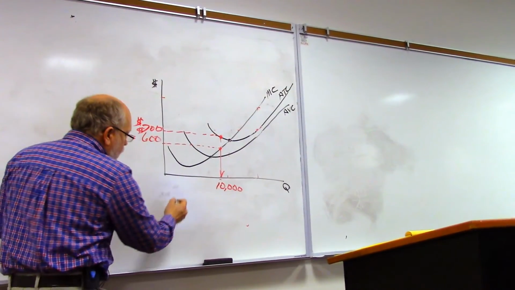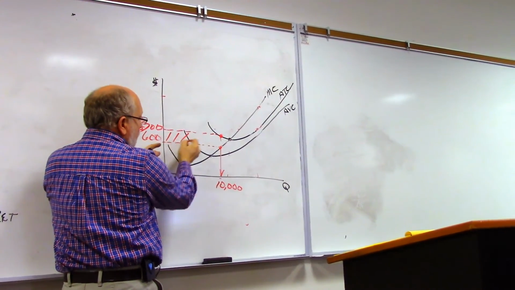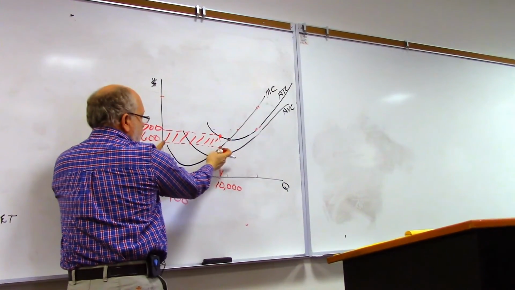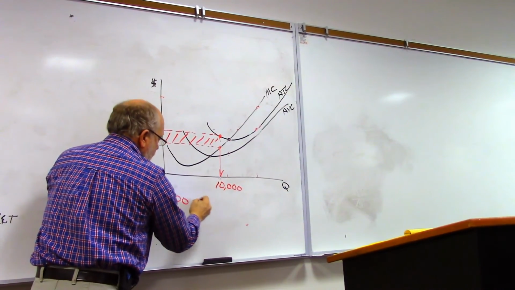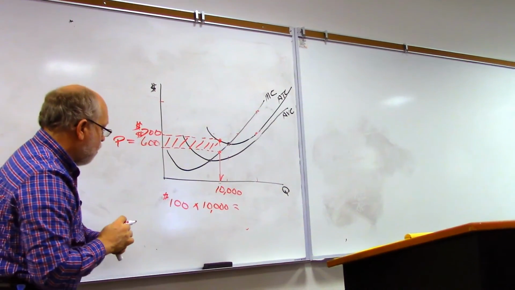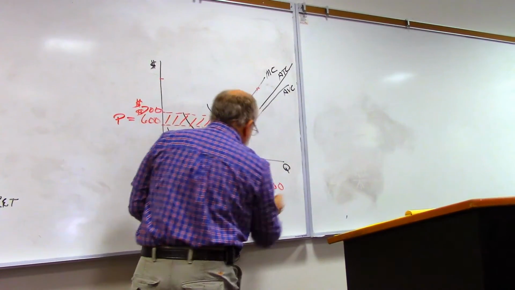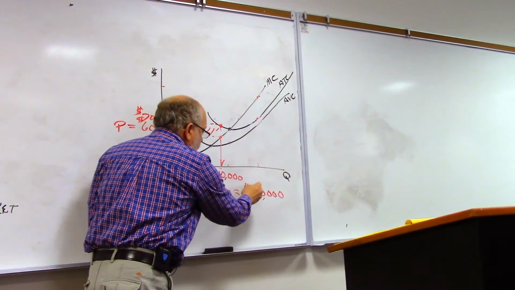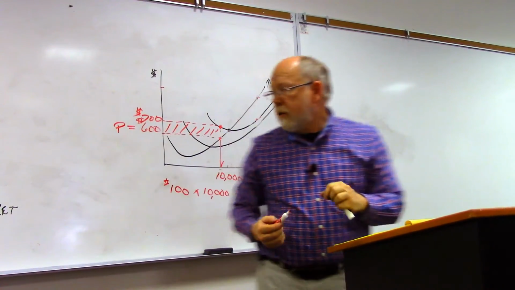So what is this loss rectangle in here? It's going to be this number, which is 100, times this number, which is the quantity. So it's going to be the $100 times the 10,000 units, and we're going to add 2 more zeros to that. If I did my zeros correctly, we would have a loss of $1,000,000. And that would be this dimension times that dimension.